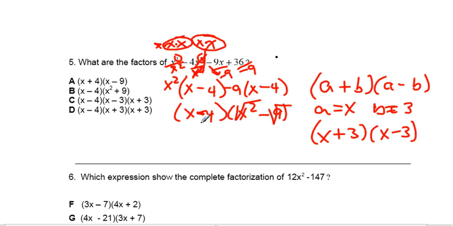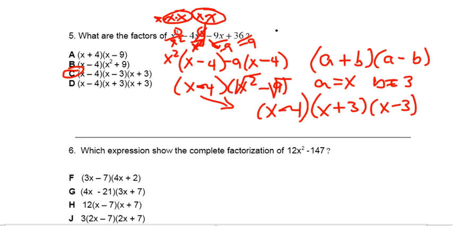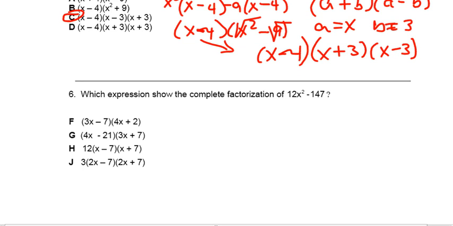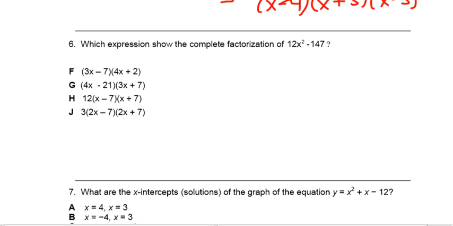And then you bring down your x minus 4. And as you can see, it's c. Most people forgot to do their difference of squares, and they just chose b because it looked the most like the right answer.